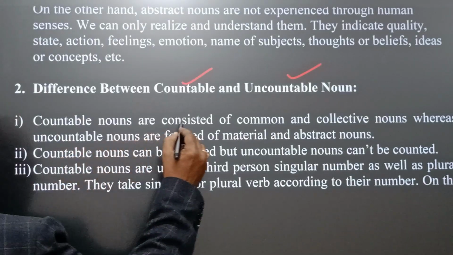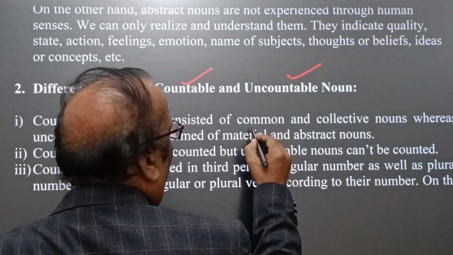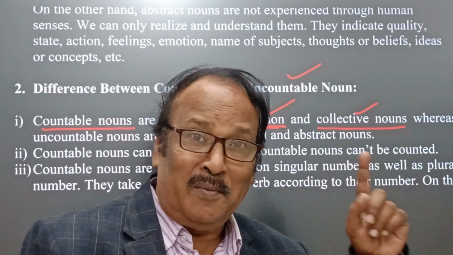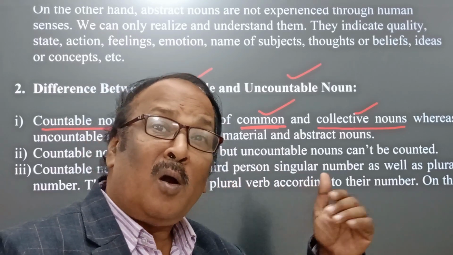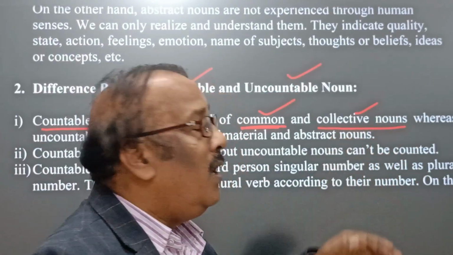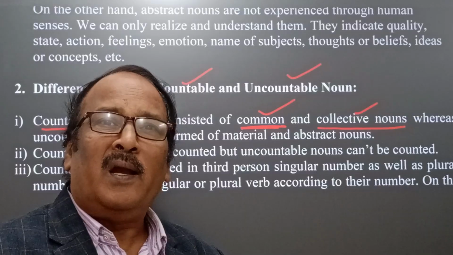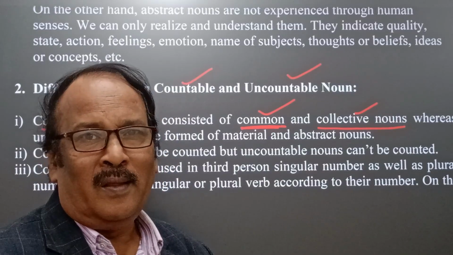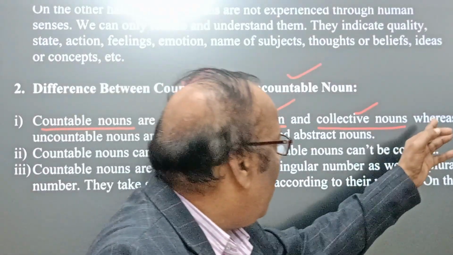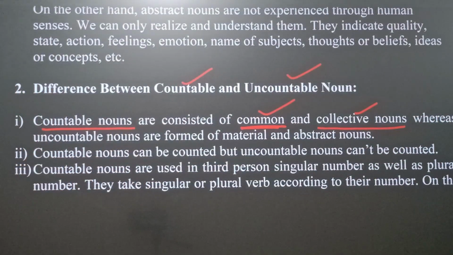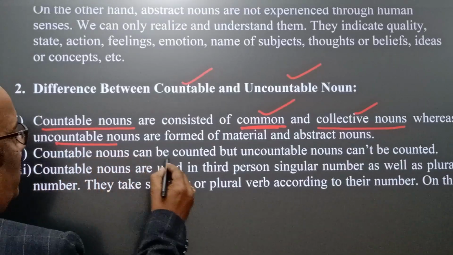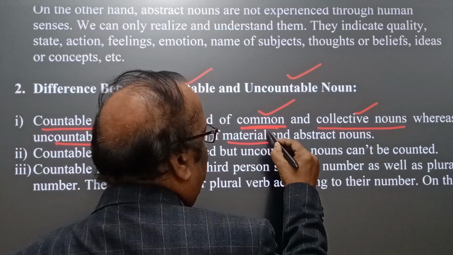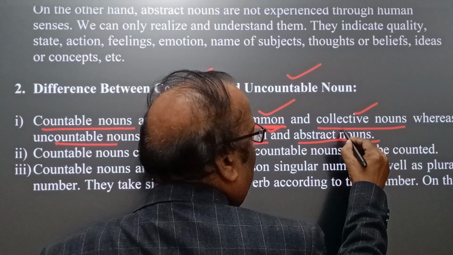Countable nouns consist of common and collective nouns. Remember, all the common nouns and collective nouns can be counted. Whereas, on the other hand, uncountable nouns are formed of material nouns and abstract nouns.